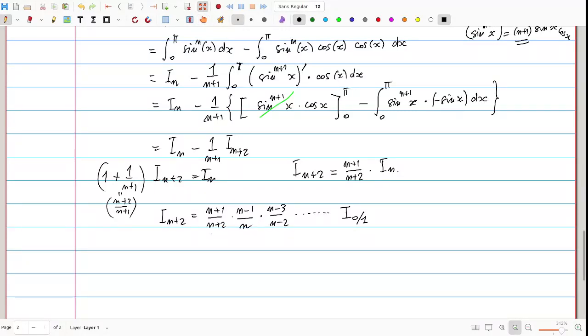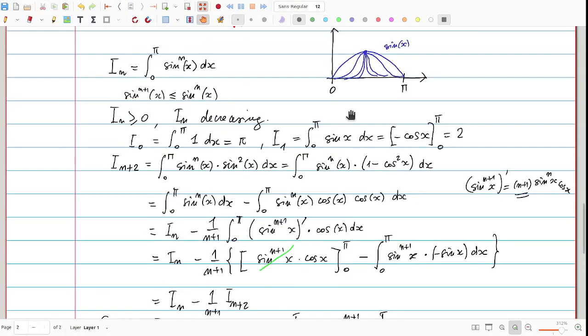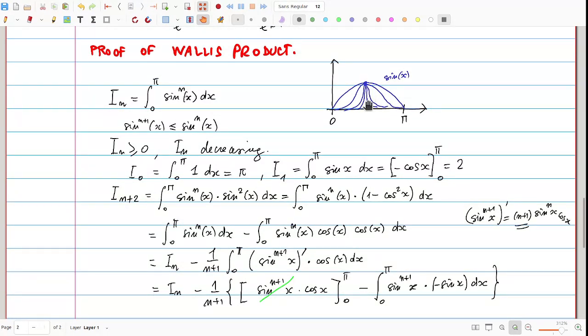And the idea is that when n is very large, these terms should be asymptotic to the same value, because when n is very large, we are making this integral, and it shouldn't be very different if n is even or odd.